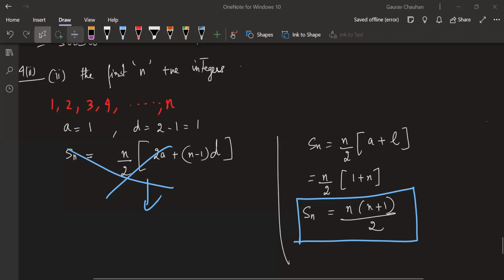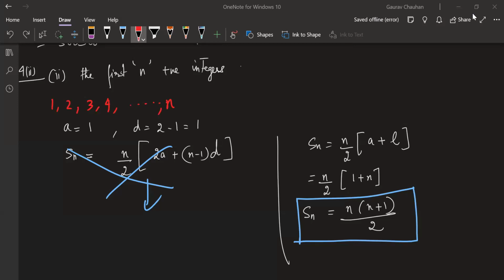Now, when it is saying first n positive integers, in the answer n can be there, but other variables like l, d, a should not be there, because all of that you already know from this. Yes, Deepak, it will make the work really fast.